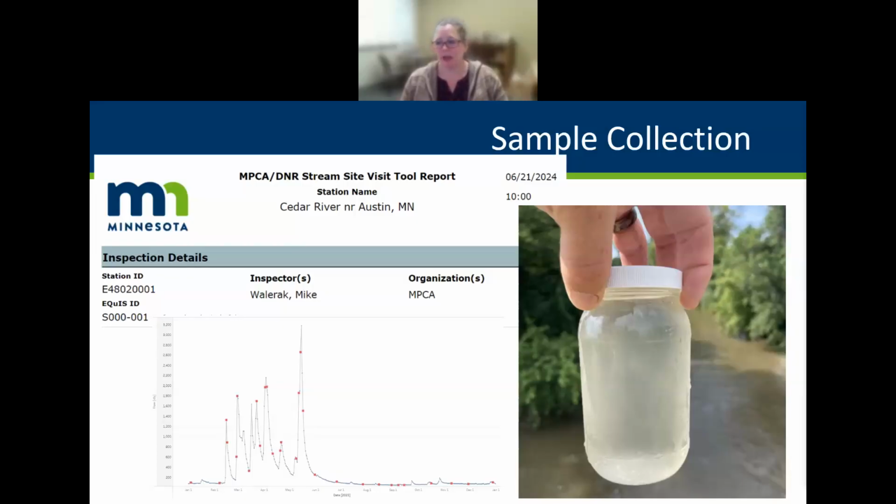On the bottom left-hand part of the screen, that's a hydrograph, so a graph of the flow on the y-axis, all the little tiny blue dots, and then the red dots are our samples, so all of the times that we sample. So that gives you a sense for how many times we sample. We try to get out to stations 25 to 35 times a year to really help us understand those pollutant dynamics.